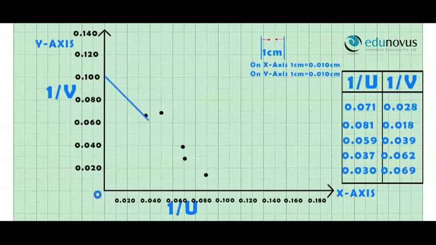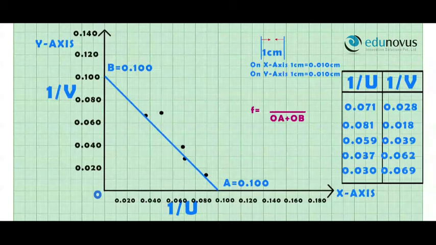The graph comes out to be a straight line cutting the axes at A and B. Therefore, f is equal to 2 by (OA plus OB), which is 2 divided by (0.100 plus 0.100). Therefore, f is equal to 10 centimeters. Focal length of the convex lens from 1 by u versus 1 by v graph is 10 centimeters.